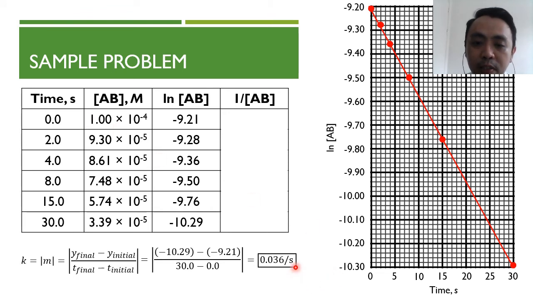The unit of per second comes from the fact that our time here is in units of seconds. So if the unit of the time given in the problem is in minutes, our answer should be in per minute. And furthermore, if this unit of time is in hours in the table, our unit of K should be in per hour.